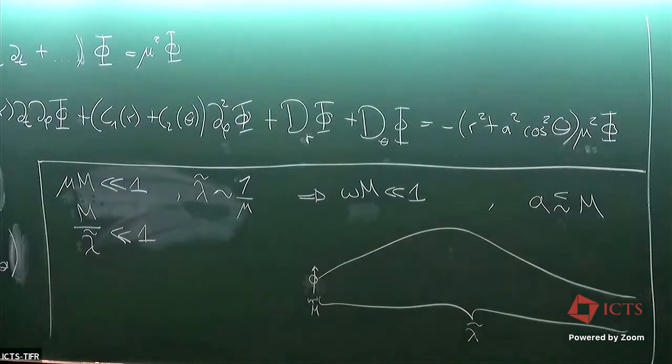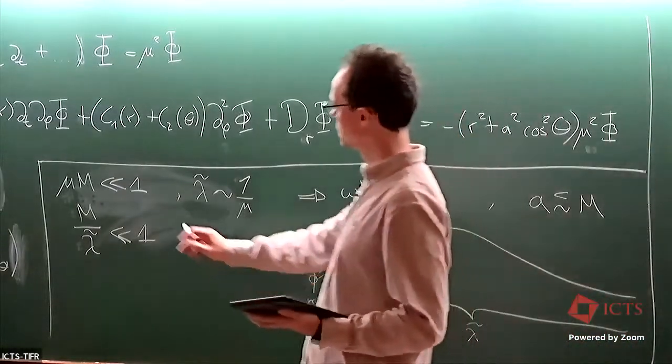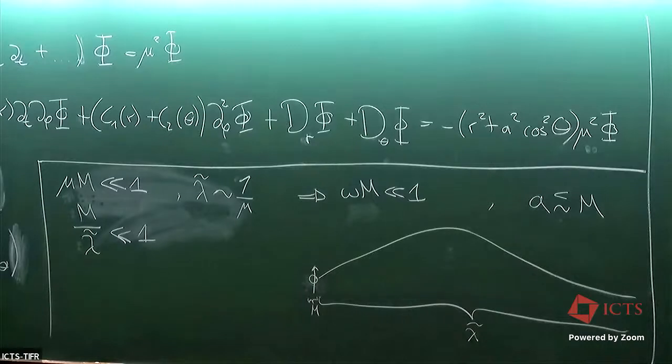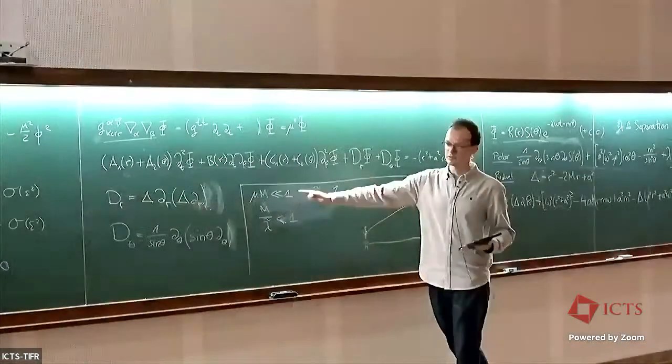Okay, so basically now the name of the game is to assume this and this and this, of course, and look at these equations and remove all the terms that are subleading in an expansion around this limit.